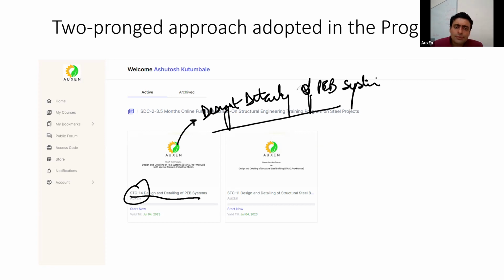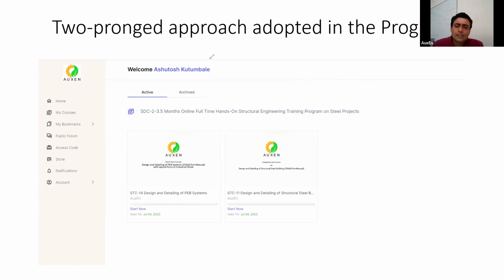If there are issues you want to go deeper into, or theoretical points, we will ask you to refer to this course. These two courses are added, or will be added, to everyone's account when they join.